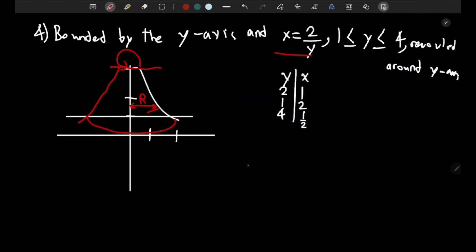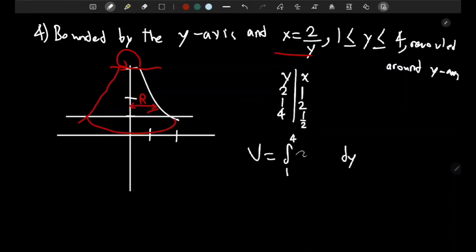So here we can start by writing our integral. It is from 1 to 4, and it is going to be in dy. So here another way of thinking about r, the radius, is whatever value of x here, which is x equals 2 over y, we are always landing on the line over here. So basically the radius is 2 over y.